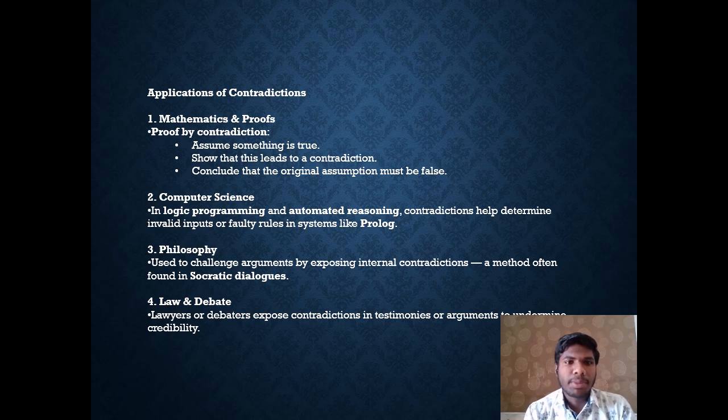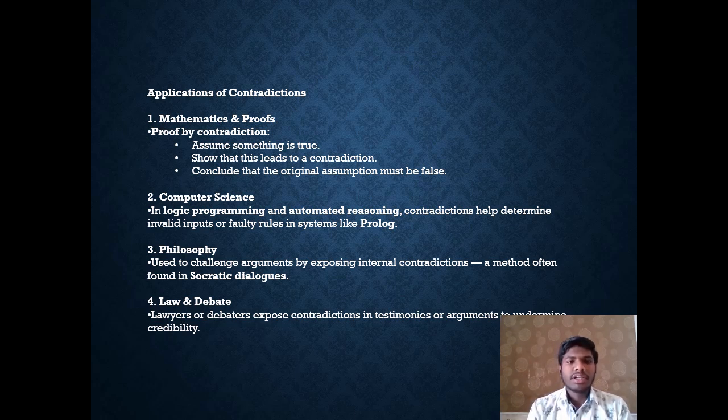Applications of contradiction: mathematics and proofs. Proofs by contradiction assume something is true, show that this leads to a contradiction, and conclude that the original assumption must be false. In computer science, in logic programming and automated reasoning, contradiction helps to determine invalid inputs or faulty rules in systems like Prolog.